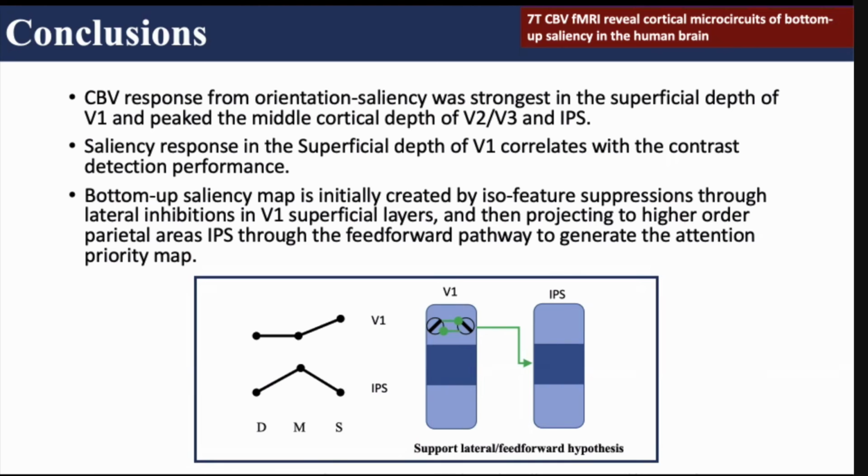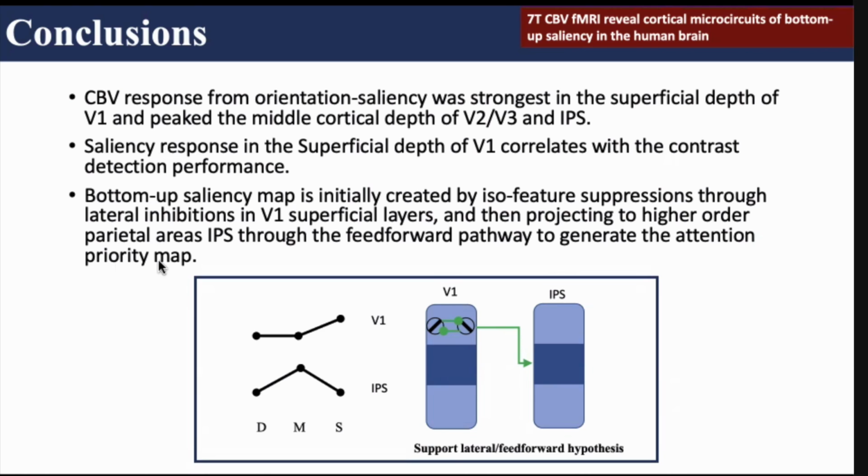First is that the CBV response to the orientation saliency was the strongest in the superficial depths of V1 and peaked in the middle cortical depths of V2-3 and IPS. And then the saliency response in the superficial depths of V1 was correlated with the contrast detection performance.